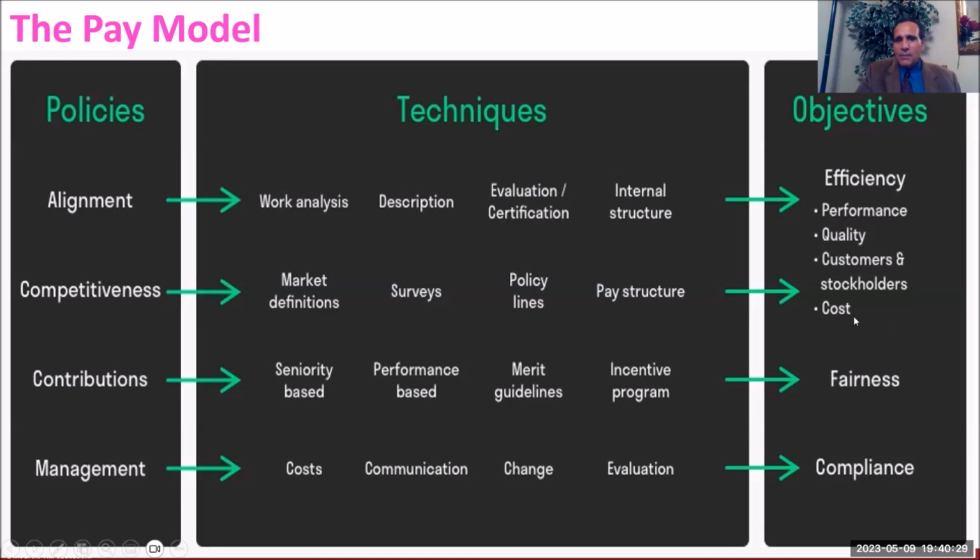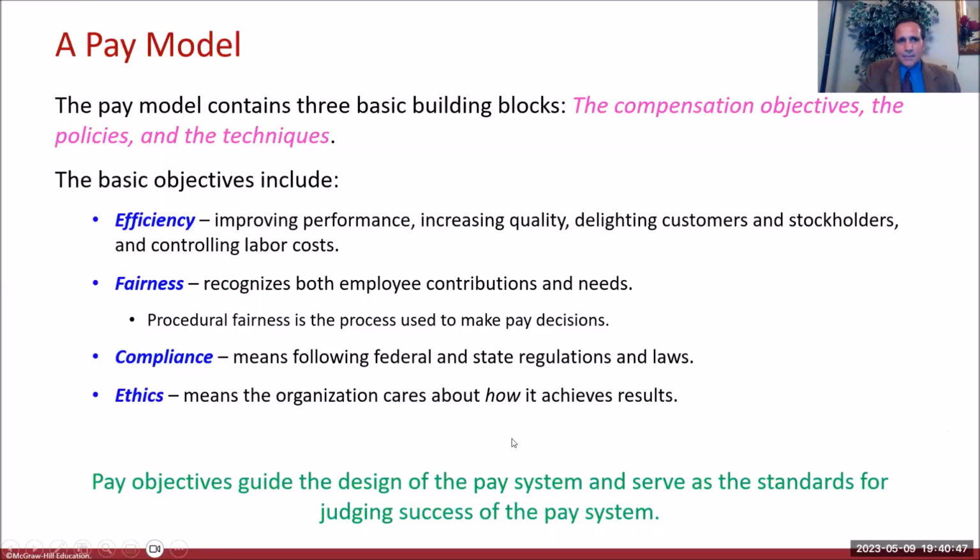However, we need to go above and beyond that to make sure the techniques we use for paying people, whether it's seniority-based, performance-based, merit-based, or incentive-based, are all fairly and justly perceived by your employees. So the pay model focuses on all of these elements of efficiency, fairness, compliance, as well as ethics or justice.